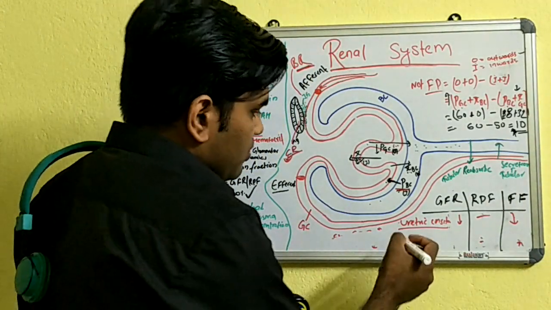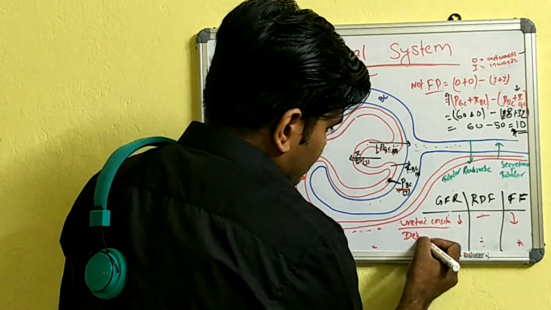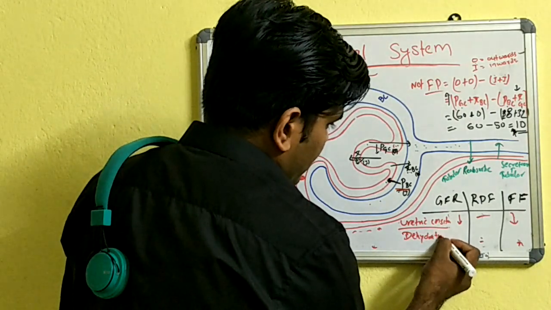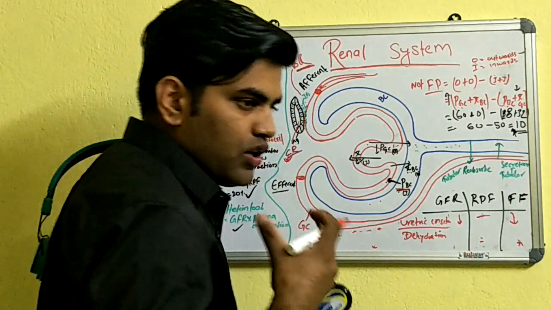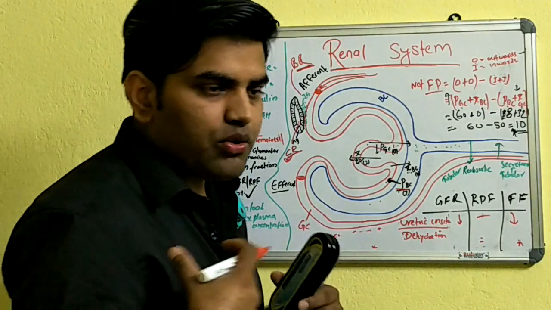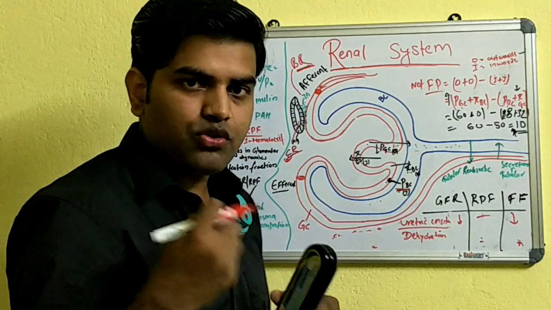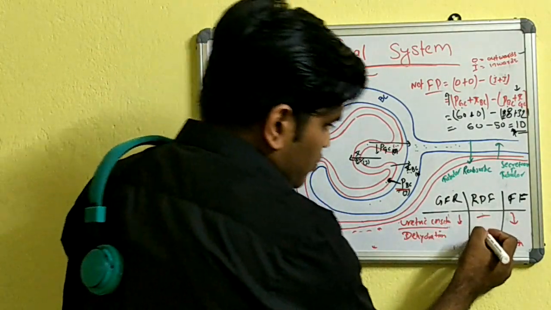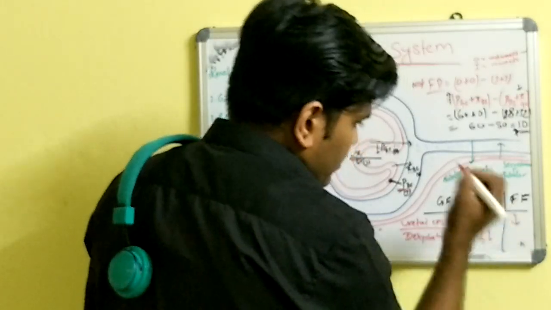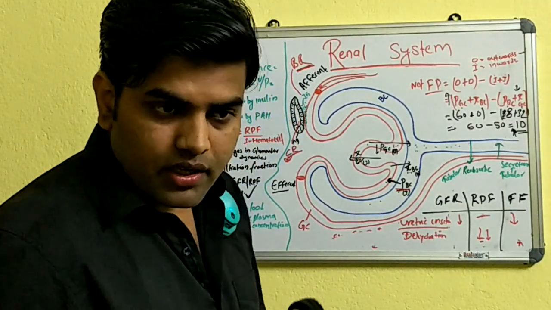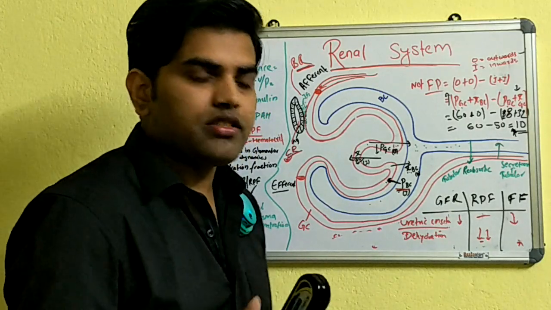Okay. Now the last one is dehydration. In dehydration, the body will try to conserve fluid, so less blood flow goes to the kidney. But the kidney will try to maintain the GFR.